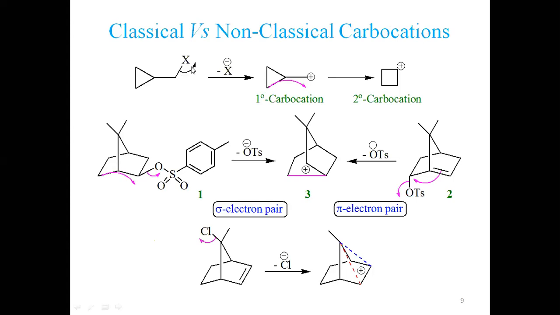But if this X leaves, it shall generate a positive charge here. What sort of carbocation is this? This is a primary carbocation. The carbon where the positive charge is generated is attached to only one carbon.